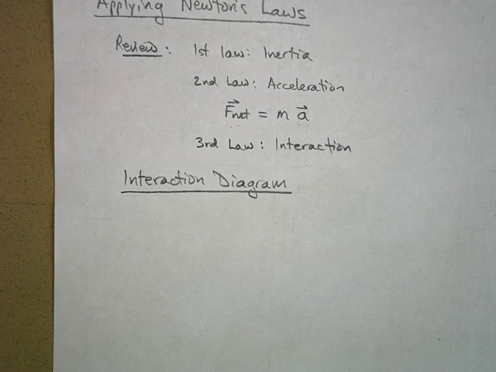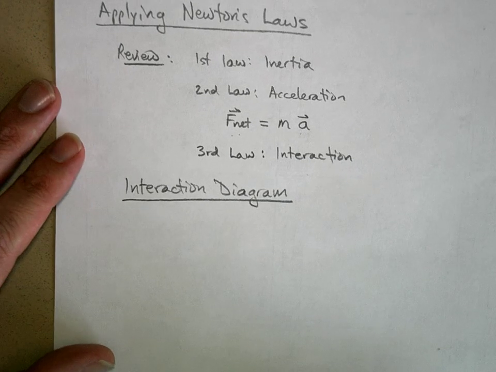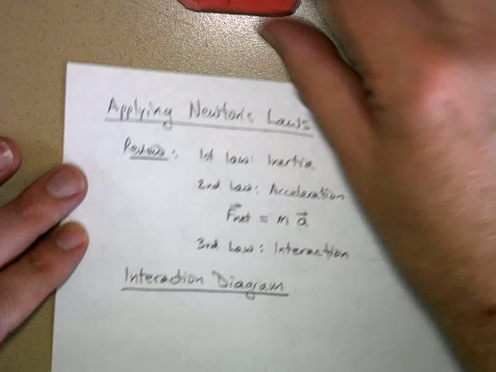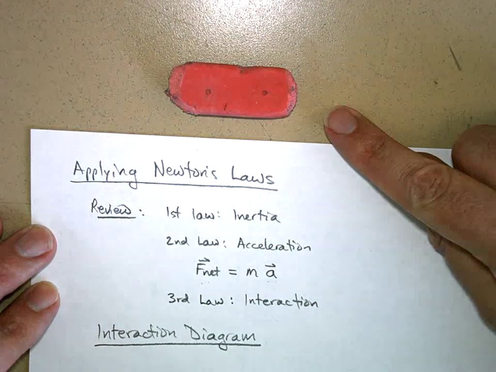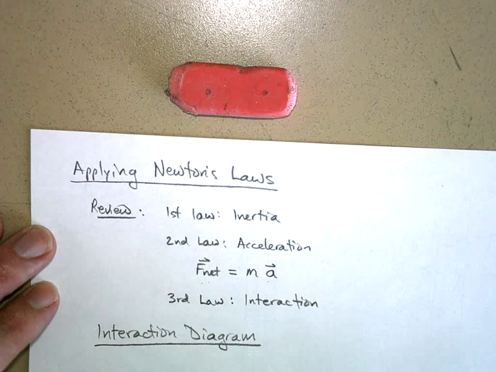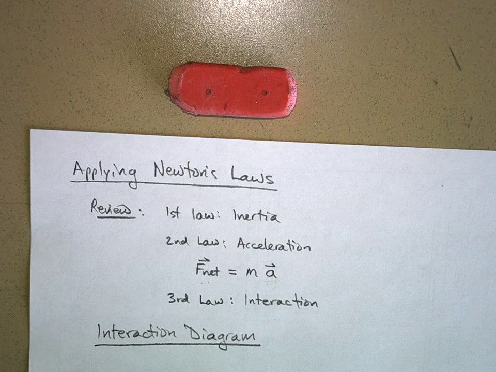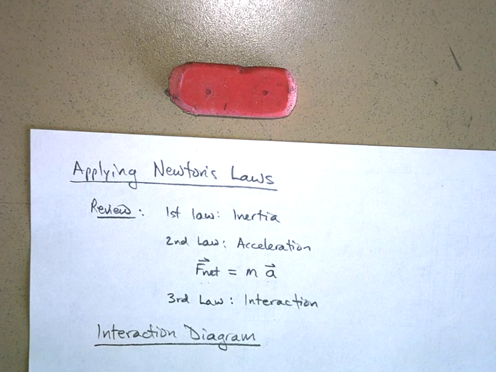Here's a really complicated situation, which I'm going to draw a diagram of. Here's my eraser, and here's the table. I'm going to draw a really exciting interaction diagram of the eraser sitting on the table.